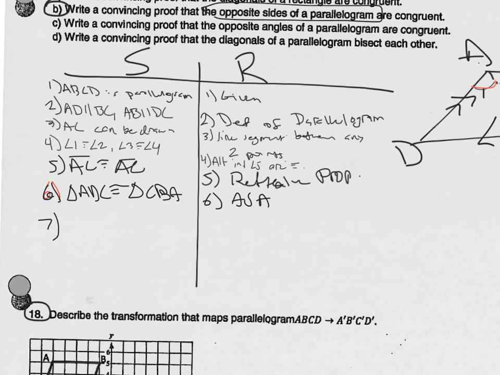Opposite sides of a parallelogram are congruent. Well, if we know that the left triangle is congruent to the right side, then we also know that its sides are congruent to their corresponding sides, which means that AD is congruent to its opposite side, which is BC, and AB is congruent to its opposite side, which is DC. And the reason we can do that is by CPCTC.